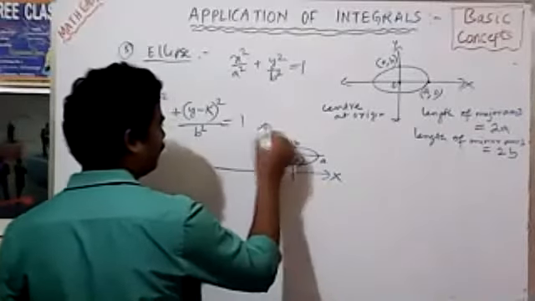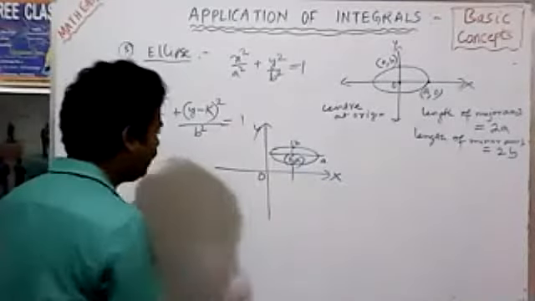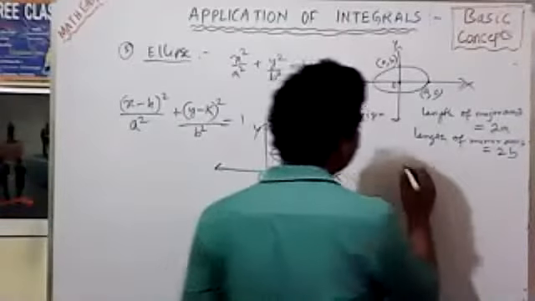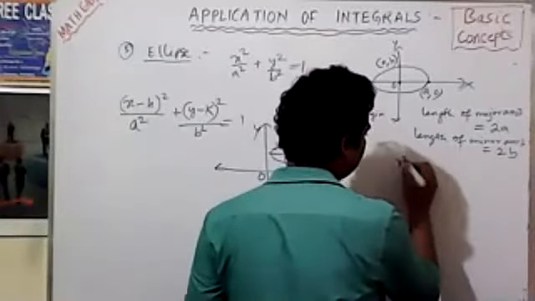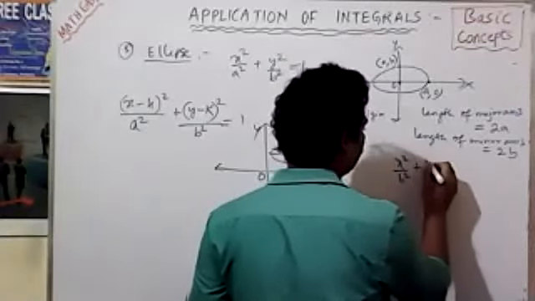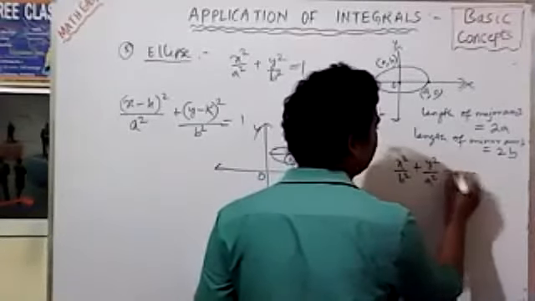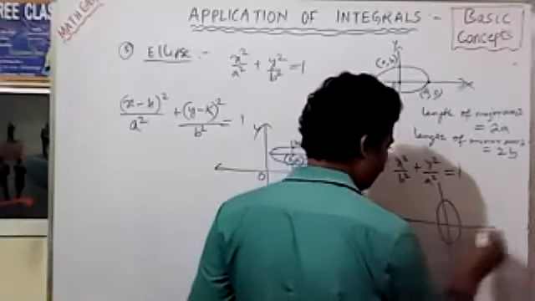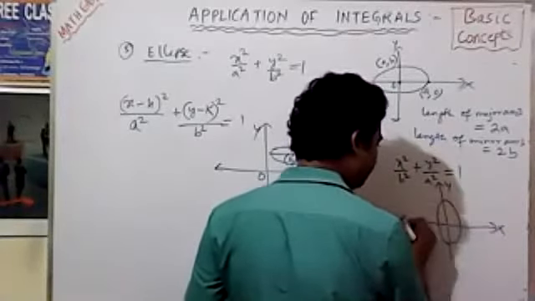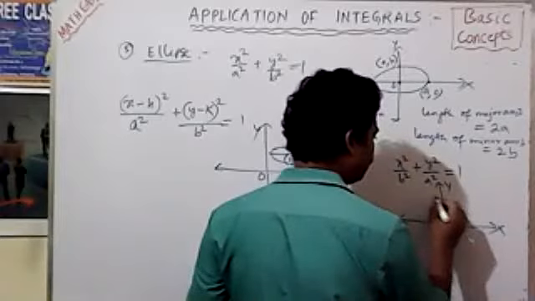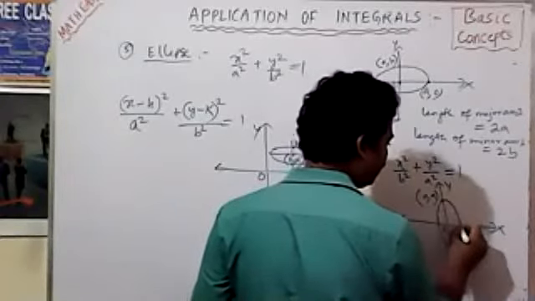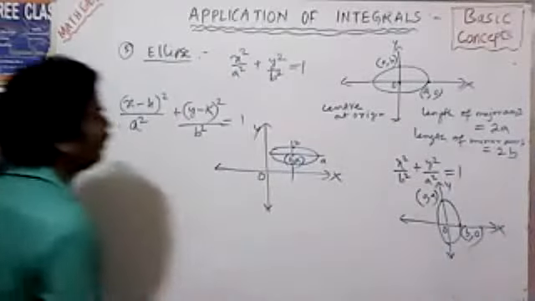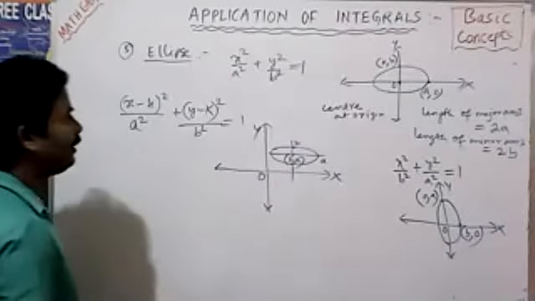This is the x-axis, this is the y-axis. Similarly, another equation is x square by b square plus y square by a square is equal to 1. That means the figure looks like this, with x-axis here, y-axis here, this point (0, a), this point (b, 0). This way you have to find the equation.